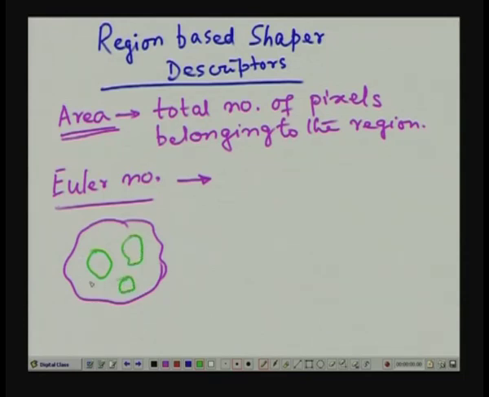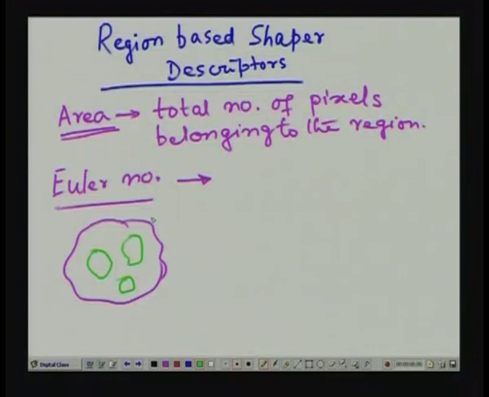So, you find that in this particular case I have one connected component of the region, and within this connected component I have a number of holes. In this particular case I have one connected component and there are 3 holes.